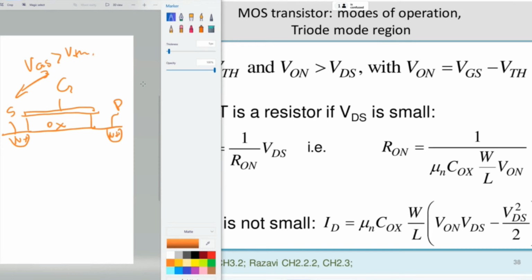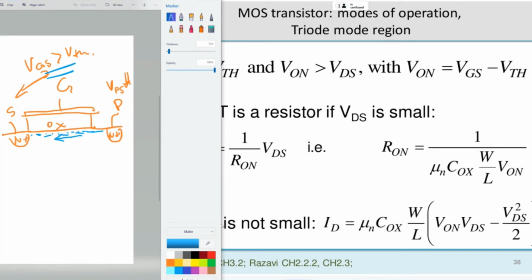And now, the drain-source voltage, so from here to here, is low. Yeah, so it's low here. This allows me to have the channel. So this makes sure that I invert the interface. So I have electrons here. So I have a channel between source and the drain, and I can conduct current.